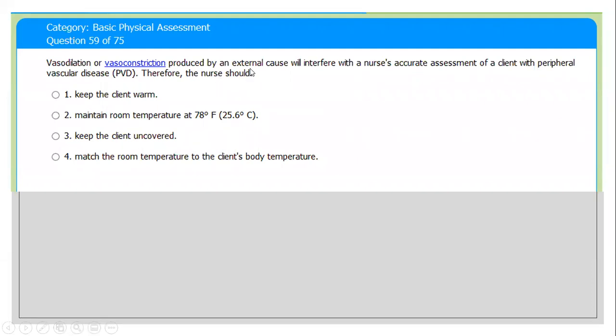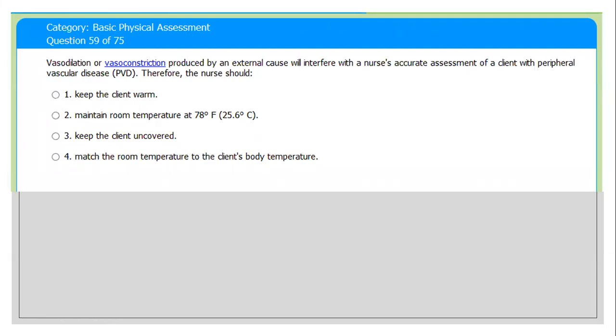Therefore, the nurse should, number one, keep the client warm. Number two, maintain the room temperature at 78 degrees Fahrenheit. Number three, keep the client uncovered. Number four, match the room temperature to the client's body temperature.